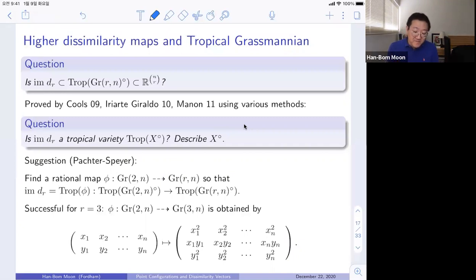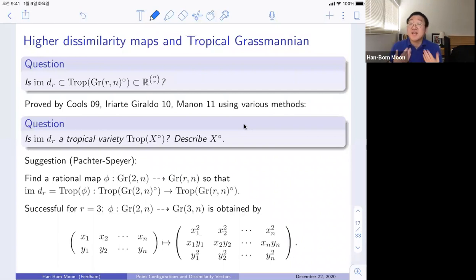The suggestion of Pachter and Speyer in the same paper is that we already know that the tropicalization of Grassmannian 2n is the space of phylogenetic trees. So how about finding the rational map from Grassmannian 2n to Grassmannian Rn and taking the tropicalization of this rational map, and maybe the image of DR is equal to the image of this tropicalized map.